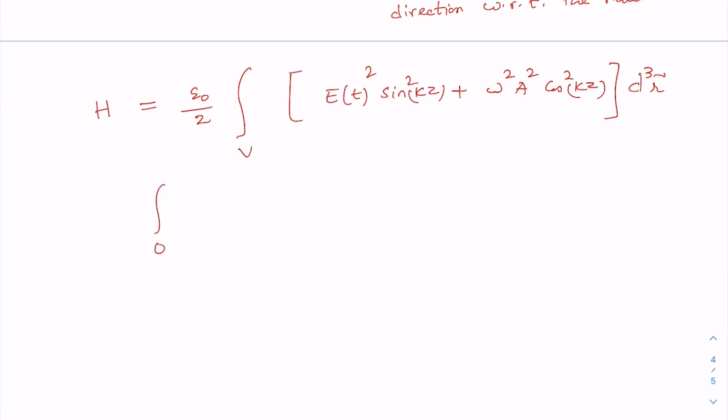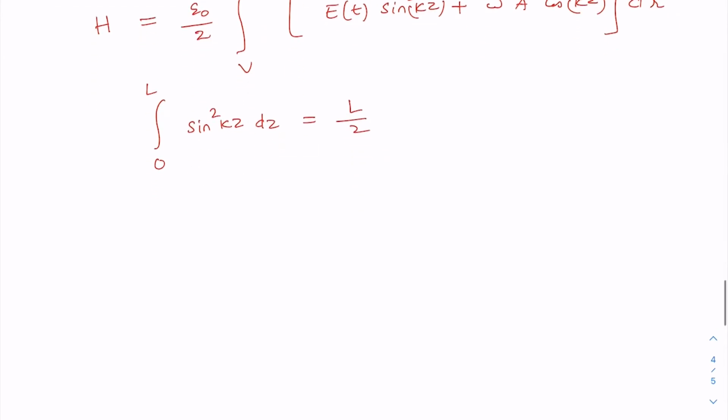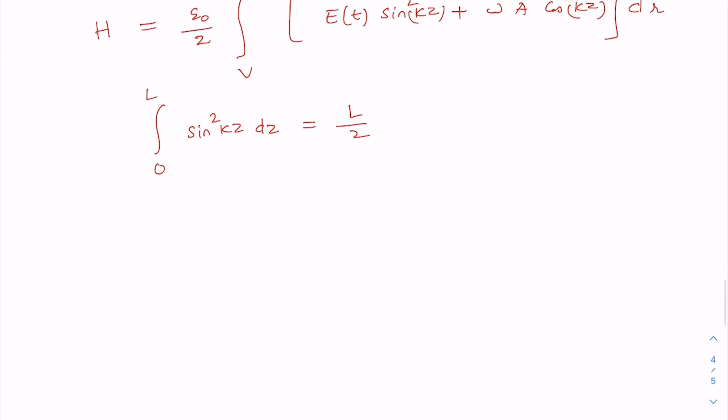You just have to evaluate the integral from 0 to L of sine squared kz dz, and that turns out to be L by 2. Similarly for cos squared kz dz, it would be the same. And finally you should be able to get this expression.